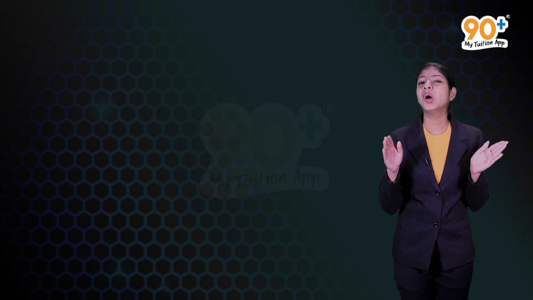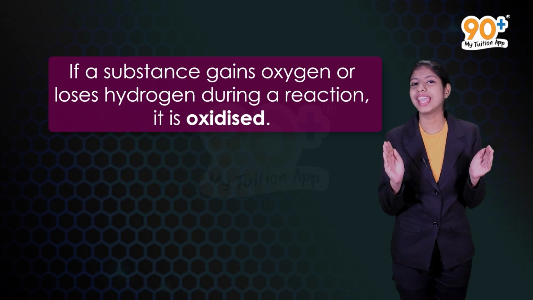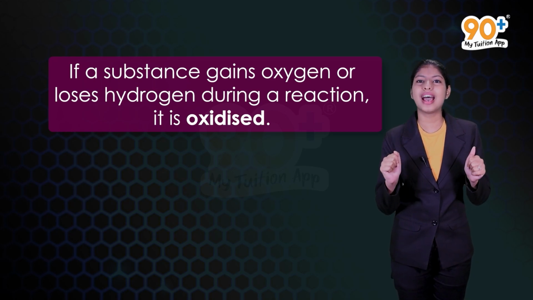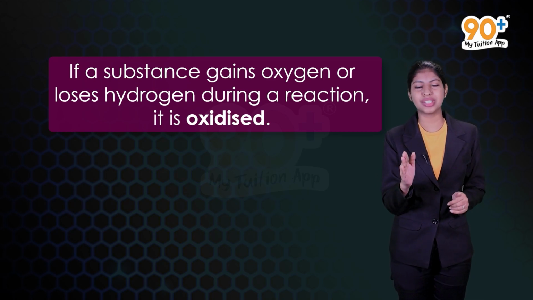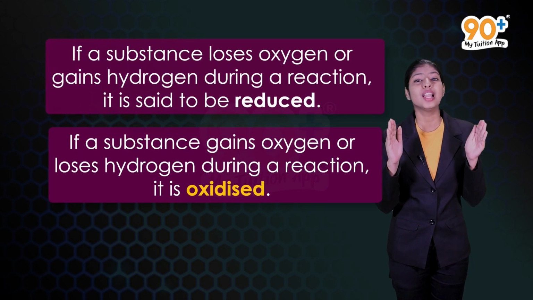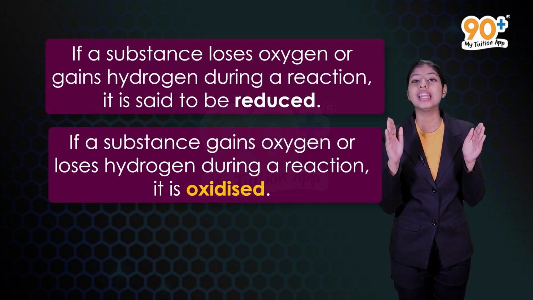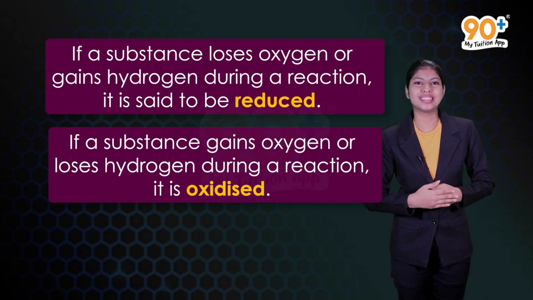Now let's conclude oxidation and reduction once again. If a substance gains oxygen or loses hydrogen during a reaction, it is said to be oxidized. And if a substance loses oxygen or gains hydrogen during a reaction, it is said to be reduced.